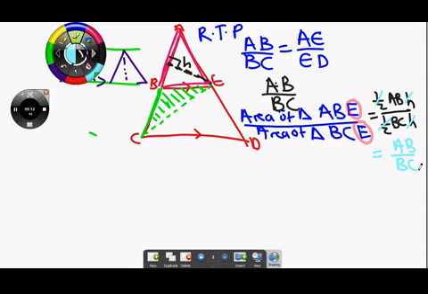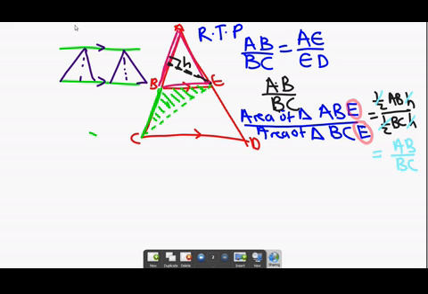So now let's go ahead and look at the other side. Now the other side has got our AE over ED.